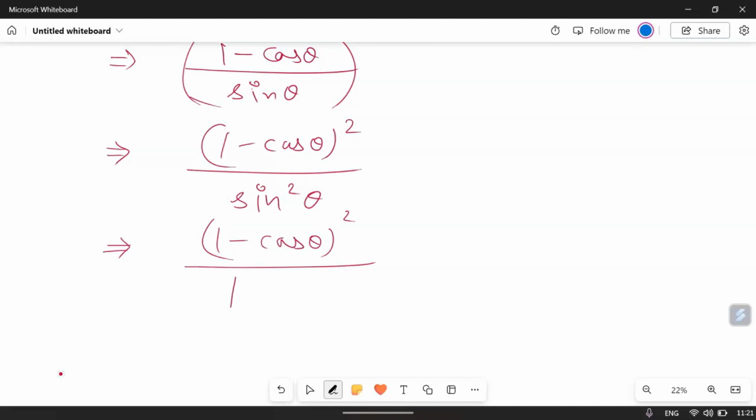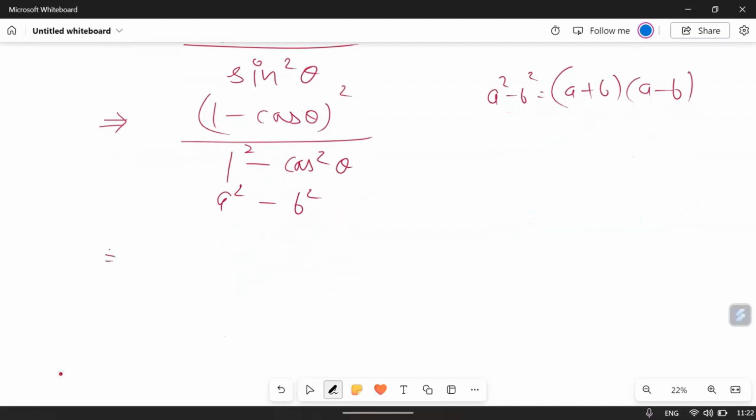I can write down 1 minus cos square theta, or I can use 1 square minus cos square theta. So I can use the identity a square minus b square is equal to (a plus b)(a minus b).